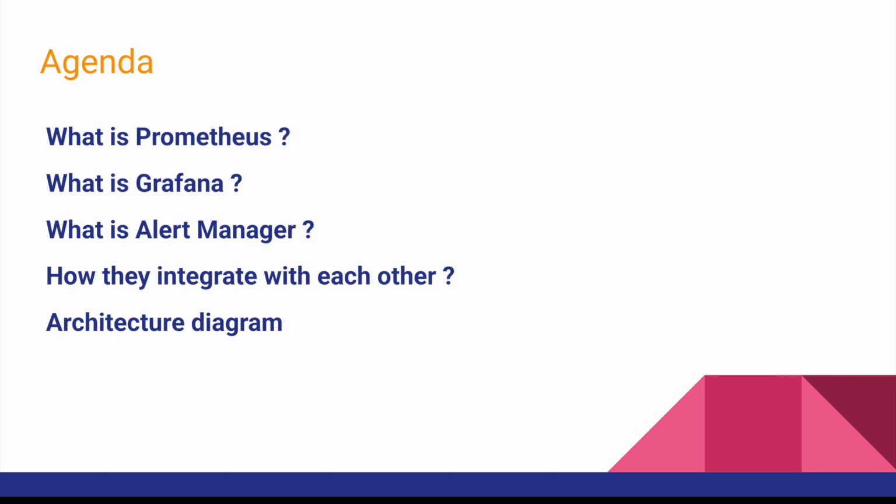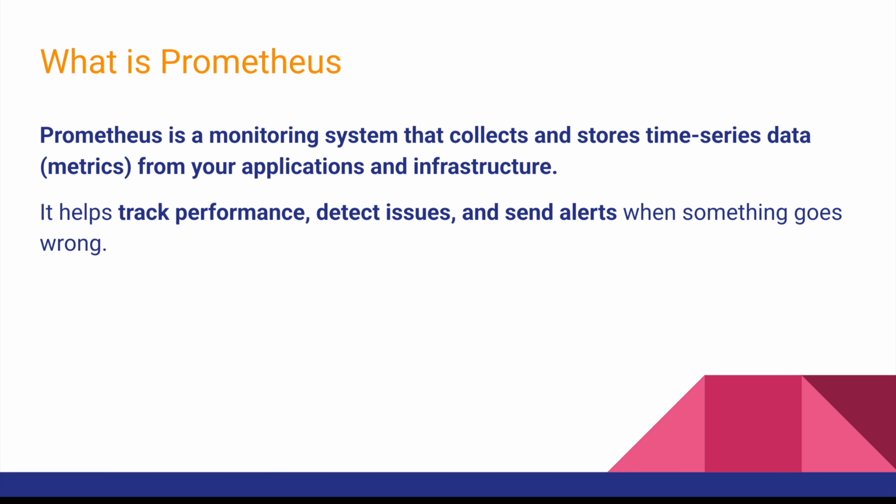So let's get started. We will start first with what is Prometheus. Prometheus is an open source monitoring system that collects and stores time series data for your application and infrastructure. Prometheus is used by major companies for real time monitoring.